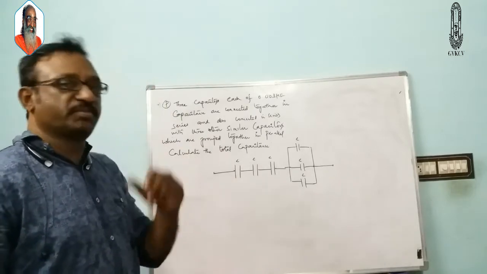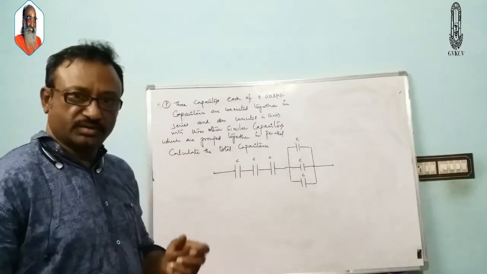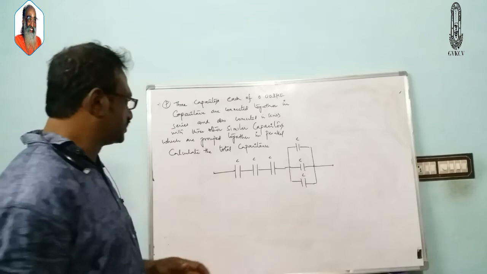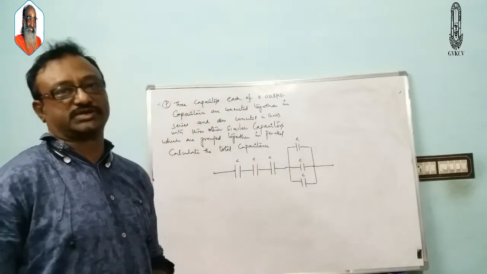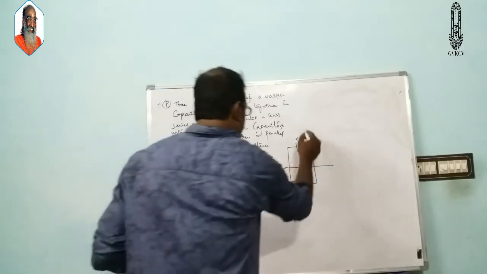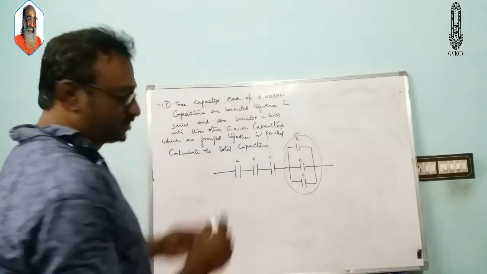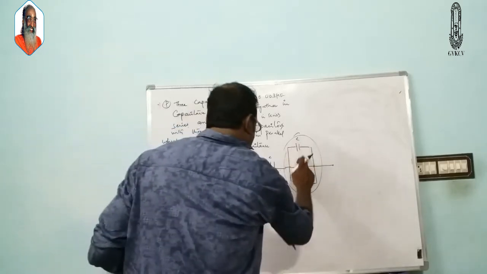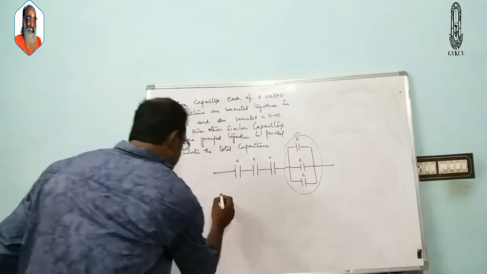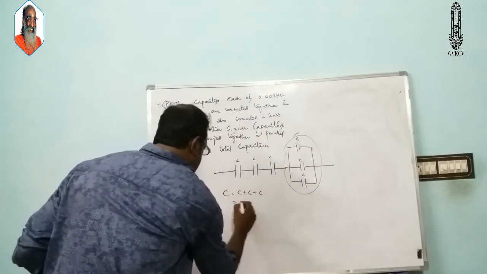If you find such a mixed combination, to avoid confusion, usually we do like this. Just see where the parallel combination is. So first solve the parallel combination. When these are in parallel, we know the effective capacitance is C plus C plus C, that is 3C.